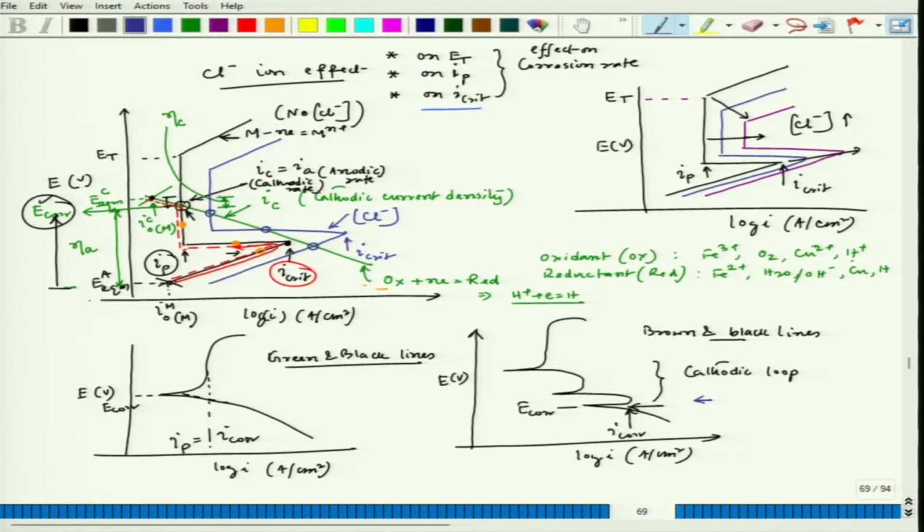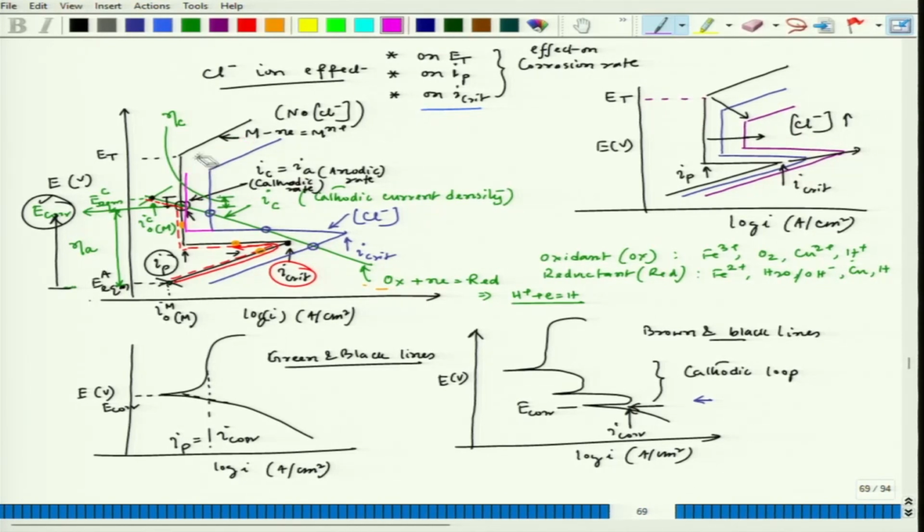So, now the question is, in this case we have seen that the IP is also changing. So, that means it is a combined effect, but we can assume that this particular line can remain the same.